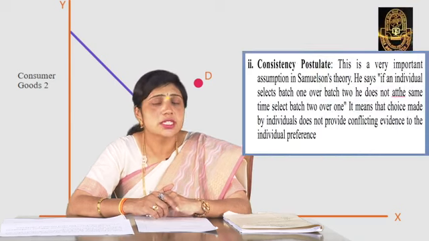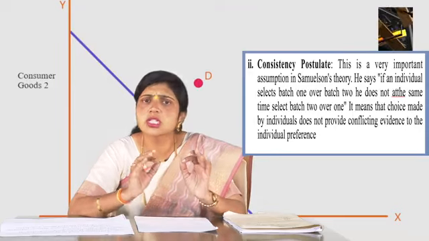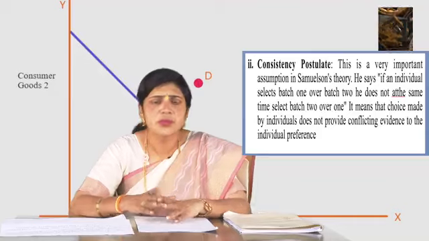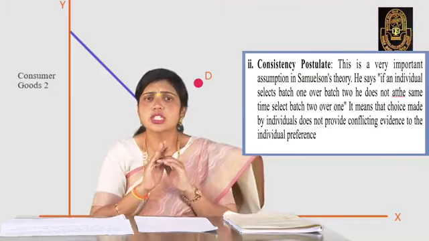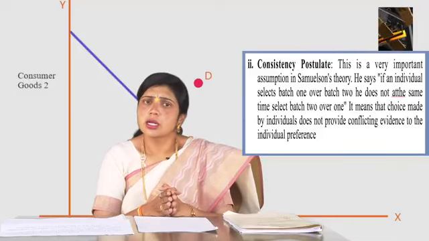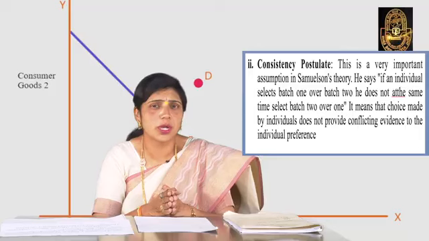Consistency postulate is another important assumption. This is a very important assumption in Samuelson's theory. He says that if an individual selects batch 1 over batch 2, he does not, at the same time, select batch 2 over batch 1.